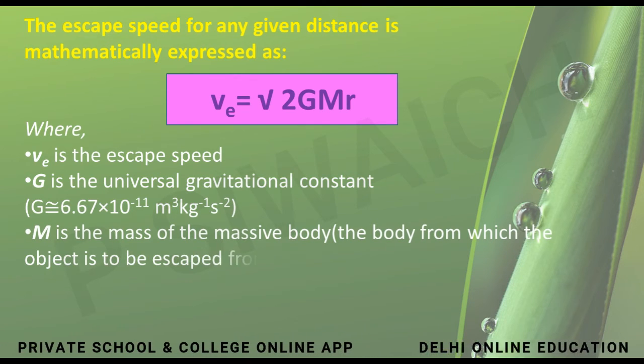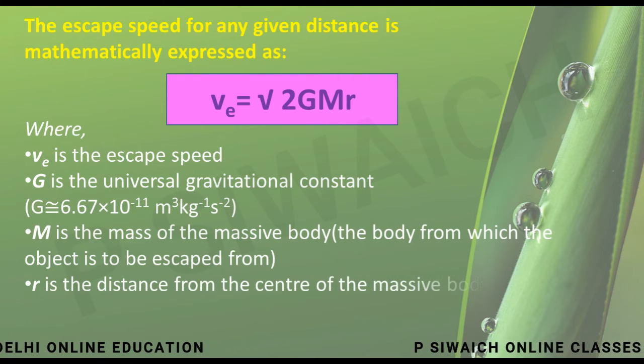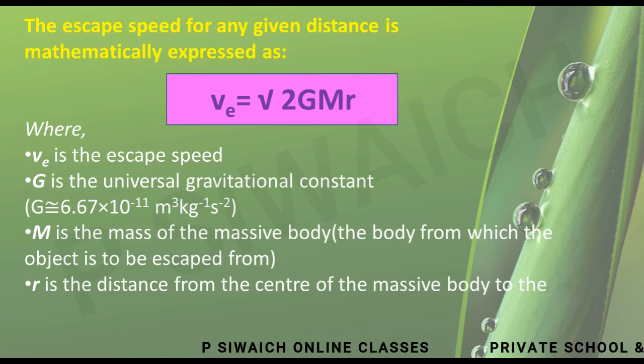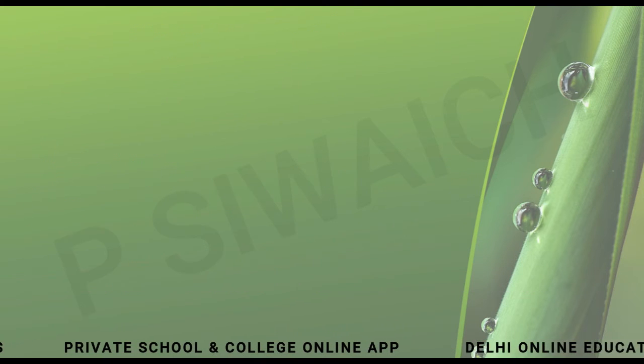M is the mass of the massive body, the body from which the object is to escape. Small r is the distance from the center of the massive body to the object.